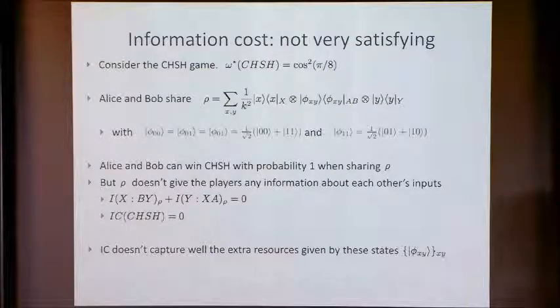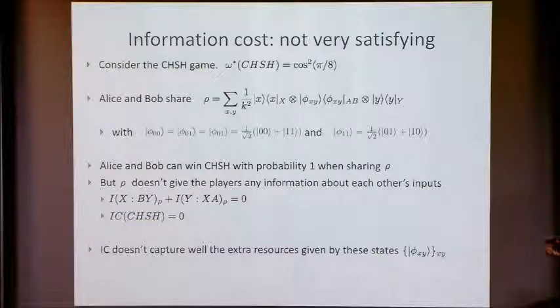But on the other hand, if you look at this mutual information, if they share this state, actually this doesn't give any information about the other player's input. You can calculate the reduced density matrices, or you can just see that, for example, if Bob has y equals 0, then Alice will have a totally mixed state on her input, and also a totally mixed state on the shared state.